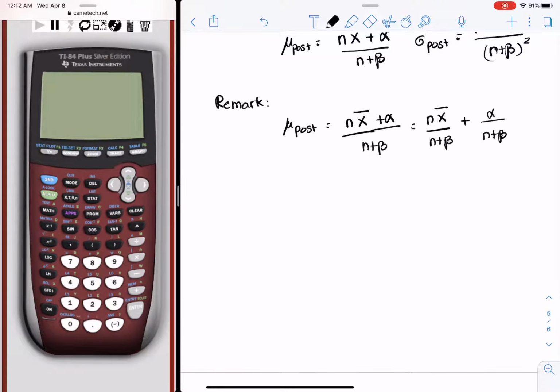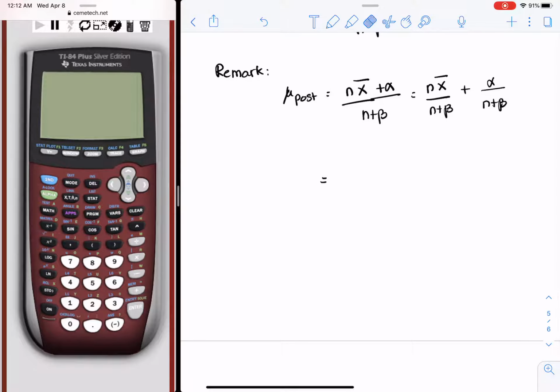And if I pull n out from the denominator, I would have x bar over 1 plus beta over n, plus alpha over n plus beta.